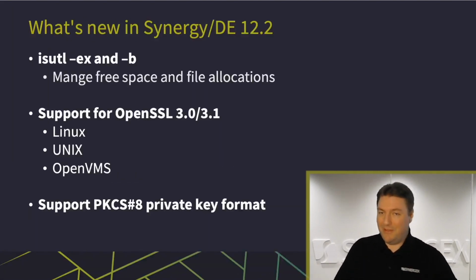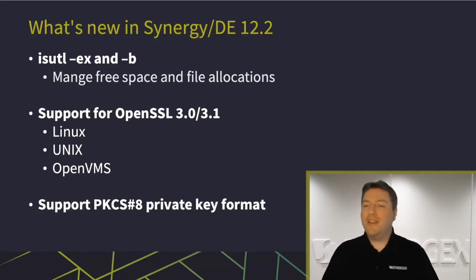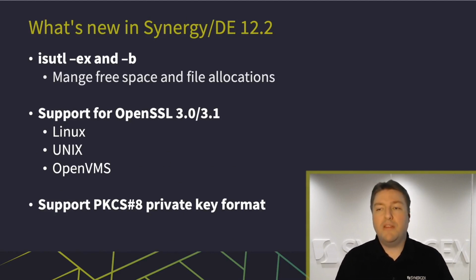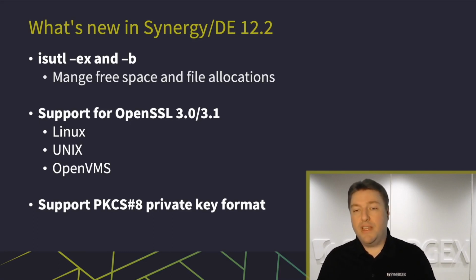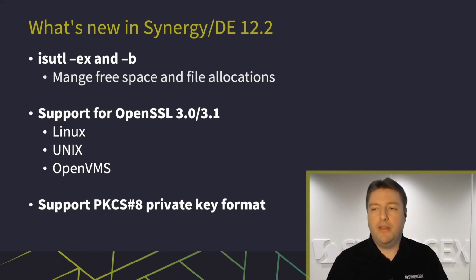Also in Build 1007, we introduced new ISUtil features for managing free space and file allocations. This is important when files receive significant amounts of write volume and start running into Windows file extent limitations.